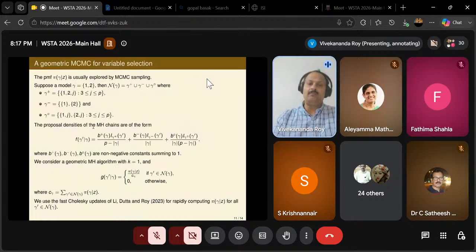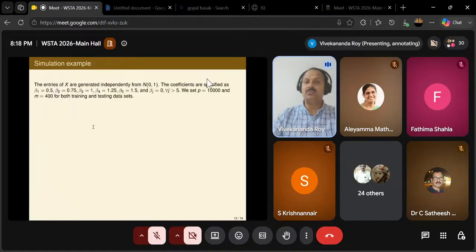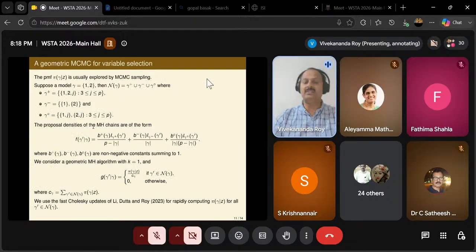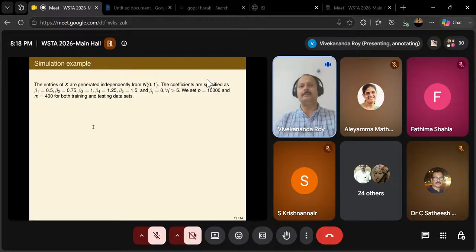But one of my PhD students, with my colleague Somak Dutta in my department, developed in her thesis a fast Cholesky update method, which we use to implement these, and I will show you how you can also use it very easily.